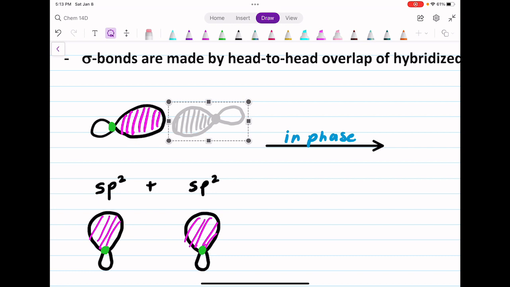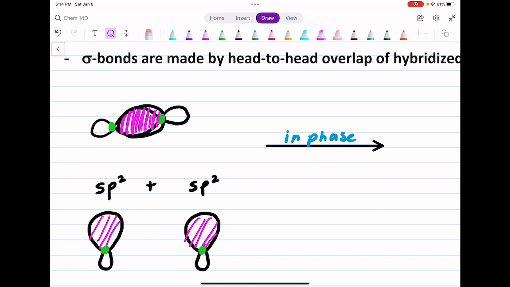What I want to do is bring the nuclei together and overlap the shaded portions of the orbitals as best I can, ideally perfectly, without overlapping the nuclei. So it turns out I can drag this right here, and effectively overlap those two shaded lobes 100% before the two nuclei come into contact.